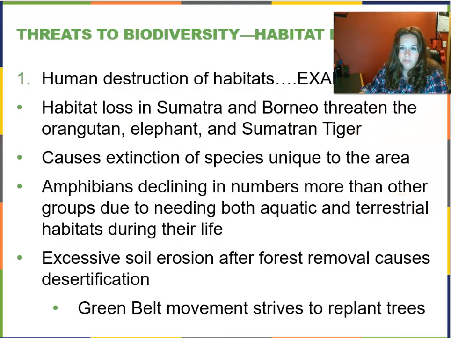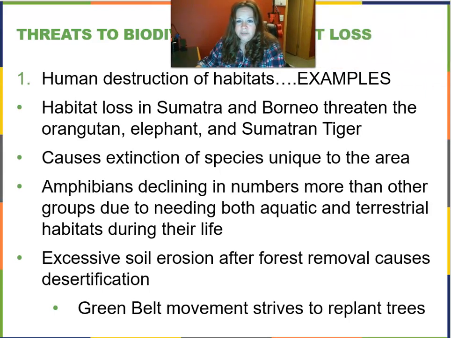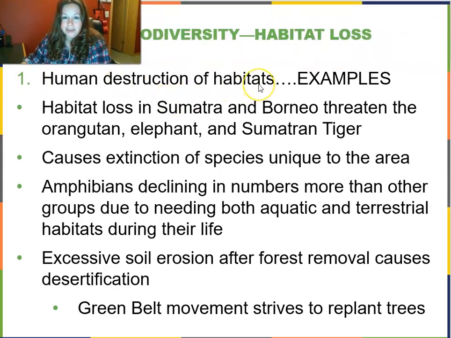So our threats to biodiversity, let's look at habitat loss first. Human destruction of habitats causes habitat loss, and we'll look at some examples. The habitat loss in Sumatra and Borneo threatens the orangutan, the elephant that's there, and the Sumatran tiger. It causes the extinction of species unique to an area.